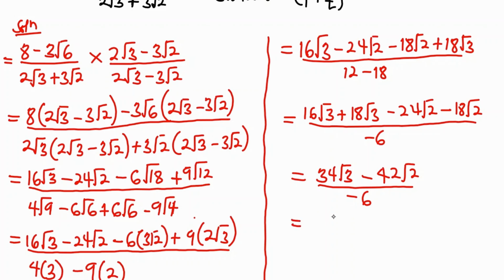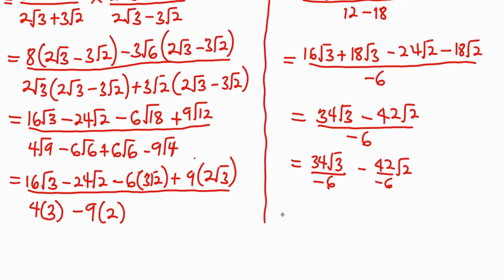And here we divide both terms of the numerator by the denominator. That is 34 root 3 divided by minus 6. And then you have minus 42 divided by minus 6 root 2.